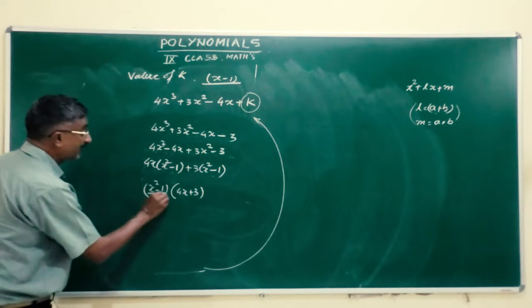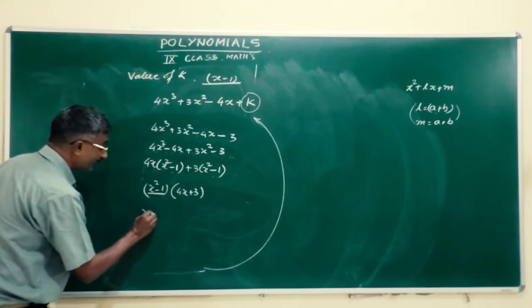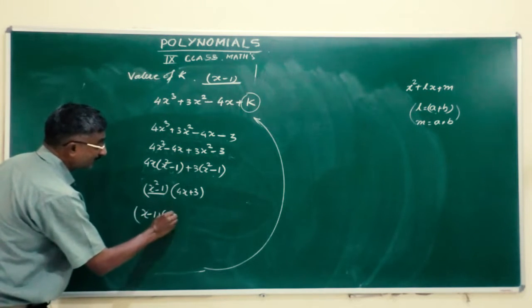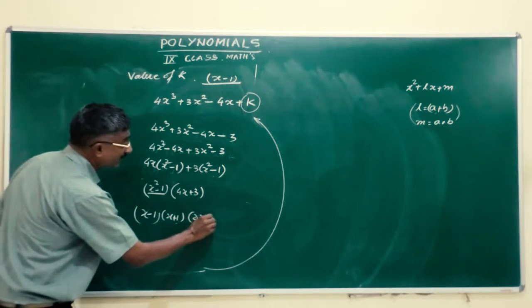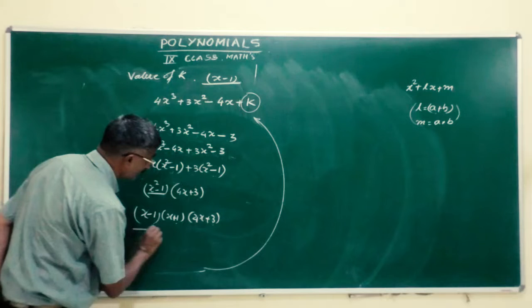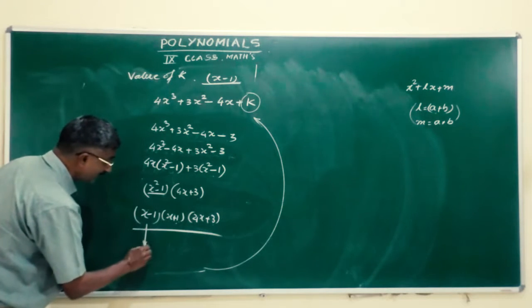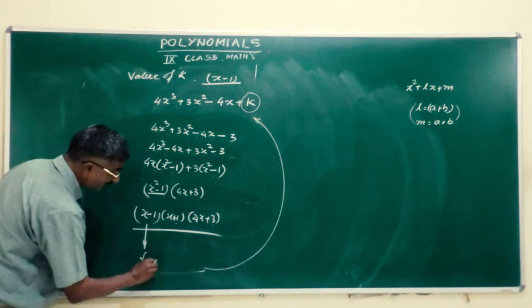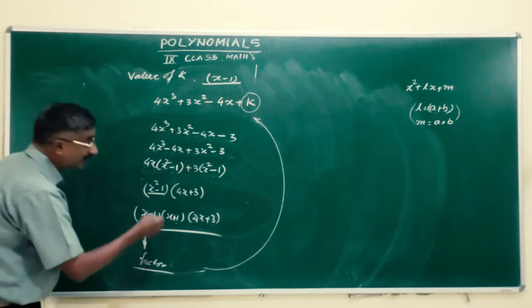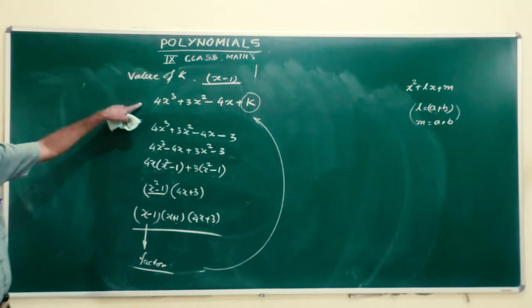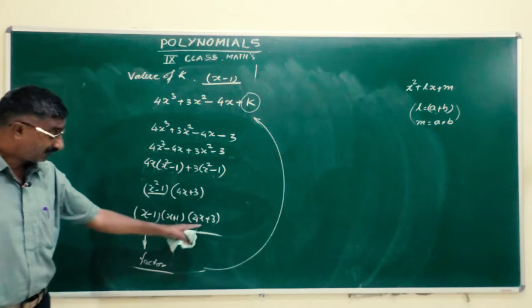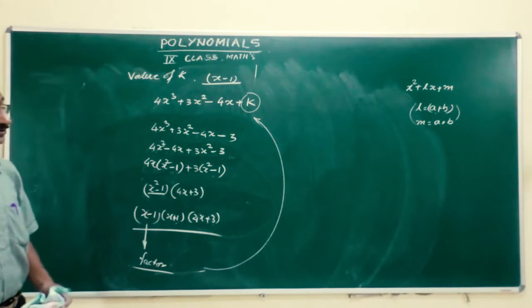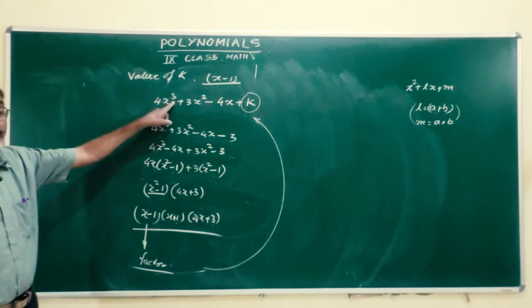X square minus 1 means a square minus b square. So x minus 1, x plus 1 into 4x plus 3. So x minus 1 is one of the factors of the polynomial, x plus 1 is also, and 4x plus 3 is also, because this is a cube.